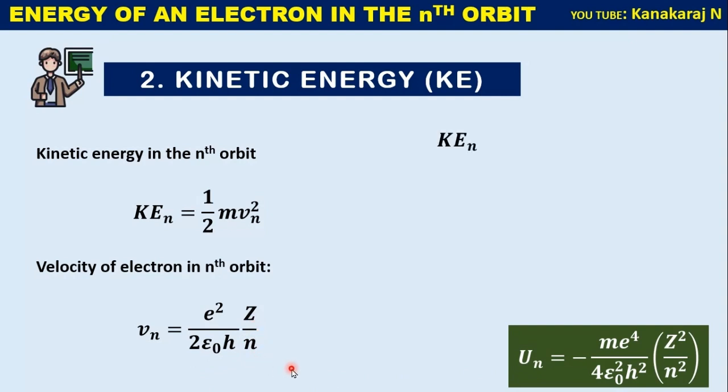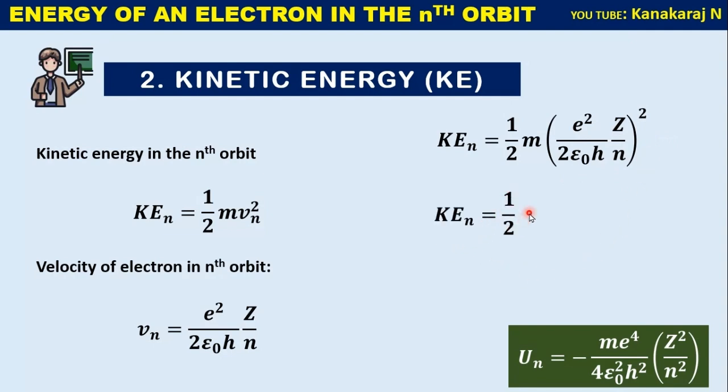Ken equals 1 half m, instead of Vn square, we bring e square divided by 2 epsilon naught h multiplied by Z by n, the whole square. Let us square each term in the bracket. So we get Ken equals 1 half m e power 4 Z square divided by 4 epsilon naught square h square and n square.